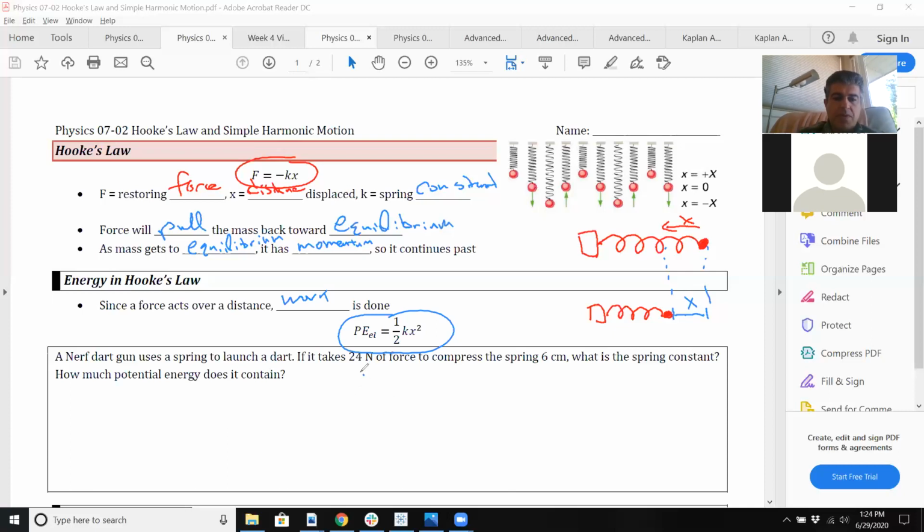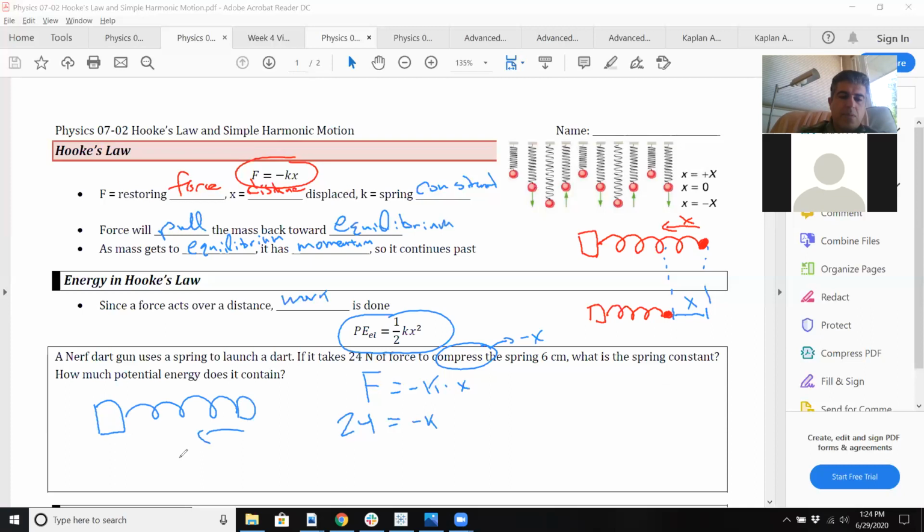First of all, force equals negative kx. So you use 24 for your force, and then k, and because you're compressing it, your x is negative.